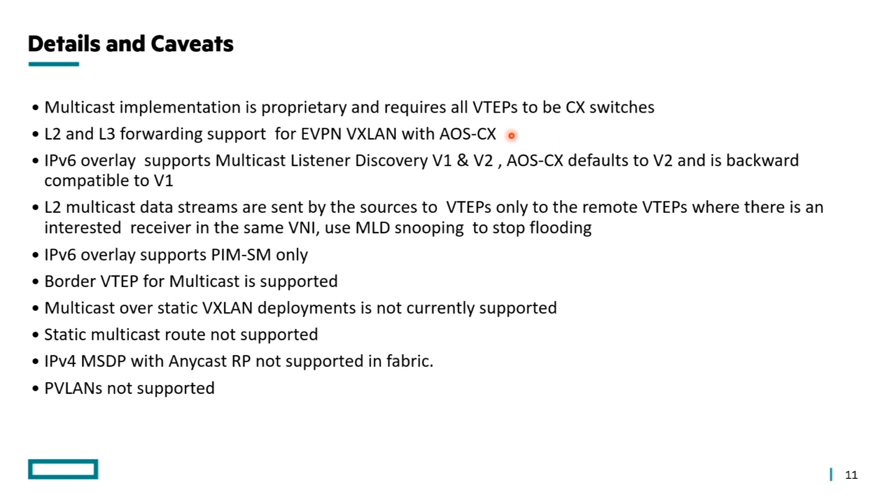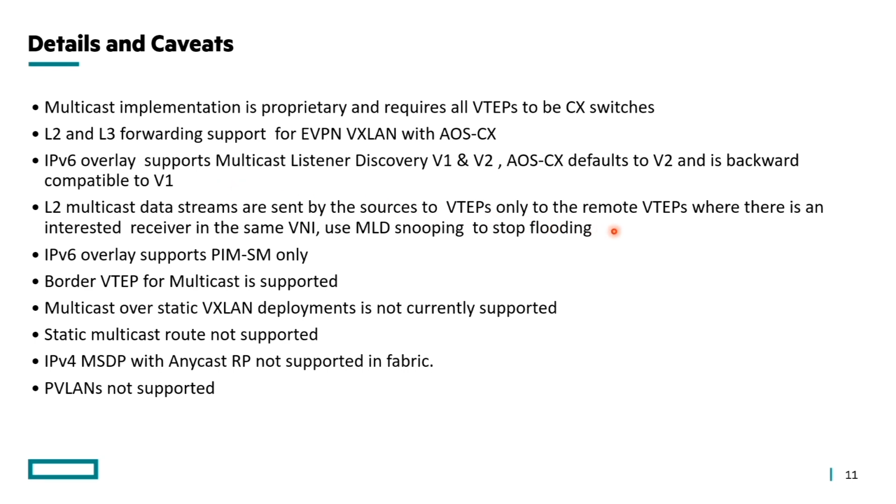We support both layer 2 and layer 3 forwarding for EVPN VXLAN with the Aruba CX switches, and the IPv6 overlay supports multicast listener discovery version 1 and version 2. AOS switches default to version 2 and are backward compatible with version 1.